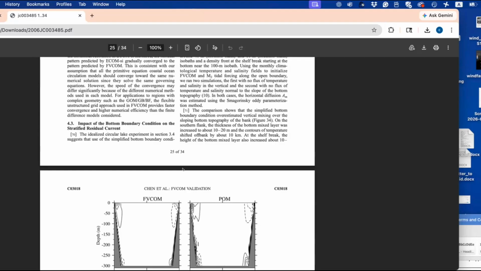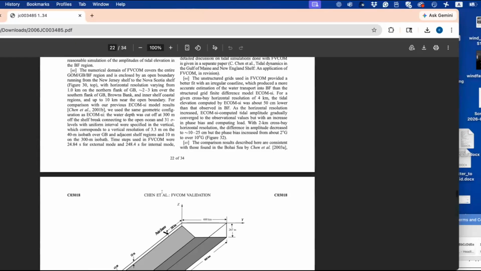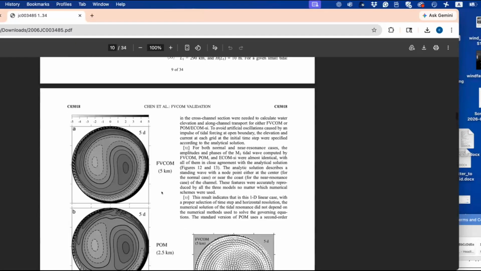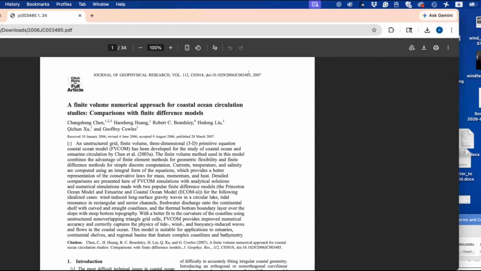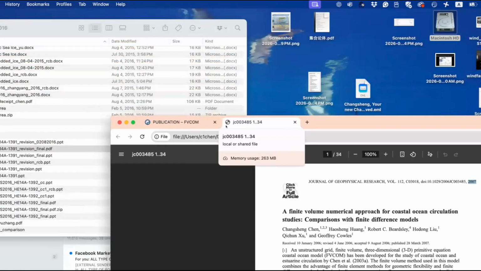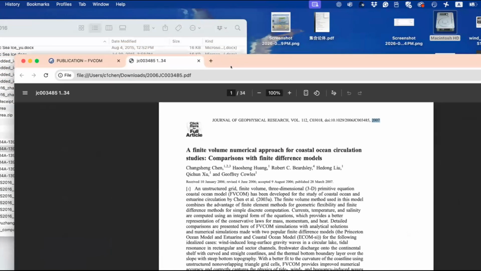Read my two papers. One is this 2000 paper, and the case is the 2007 one. Another is Pang's paper, the 1995 paper.